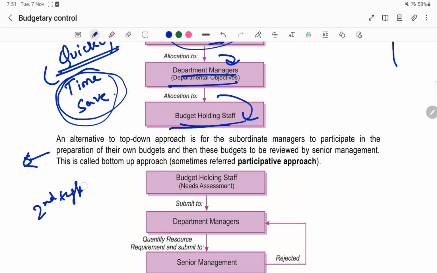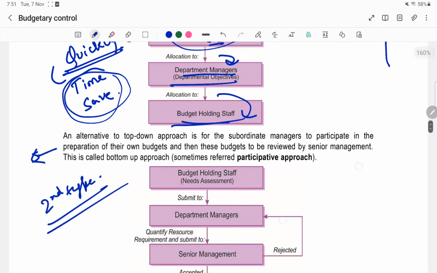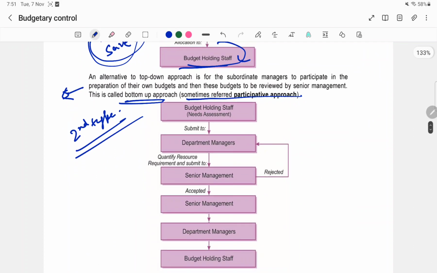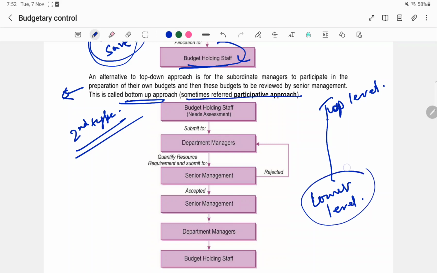Now what is the second type? That is the second type of approach to budgeting, that is the participative approach or bottom up approach. So by the name only you can see that bottom up approach, that is going from the lower level to the top level. The lower level workers are there, they will participate in the budget setting process. That's why it is known as bottom up approach.